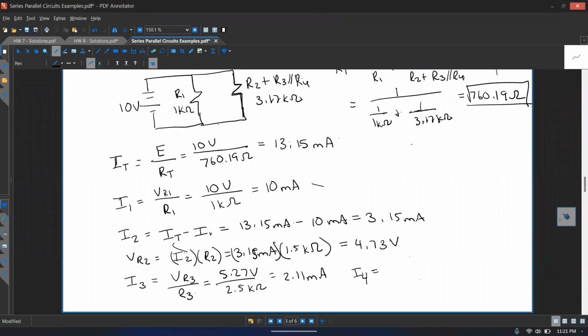So let's say I2 minus I3. And so you get 3.15 milliamps minus the 2.11 milliamps. And so you get 1.04 milliamps.